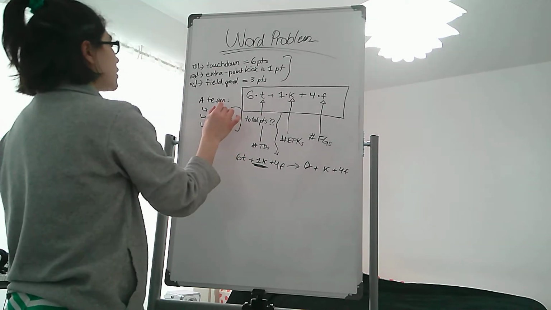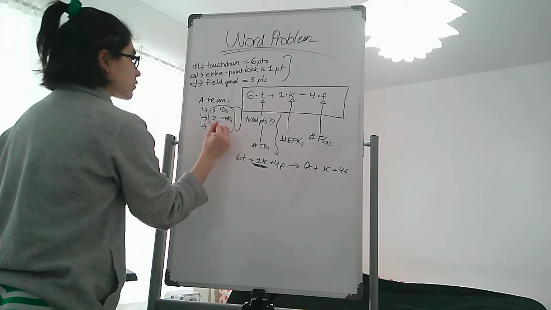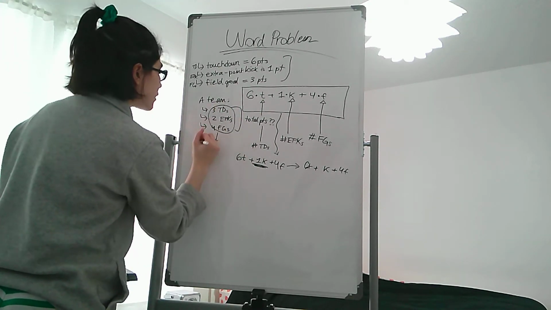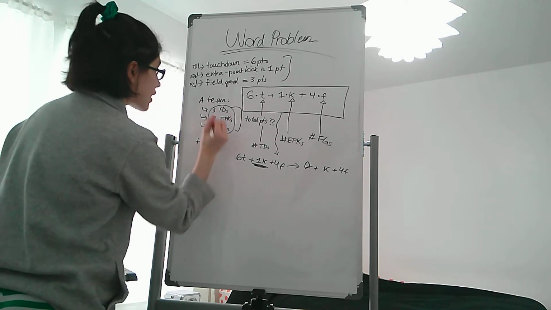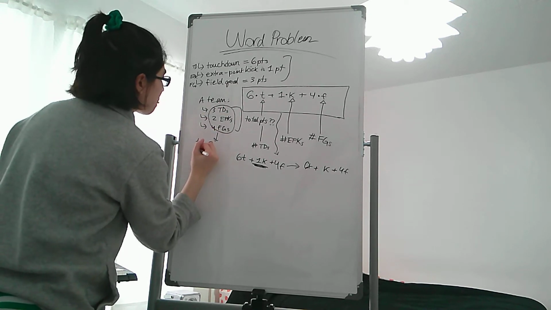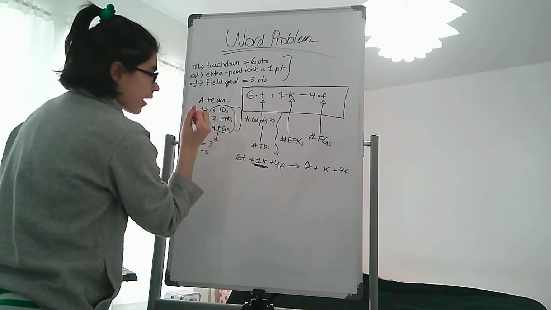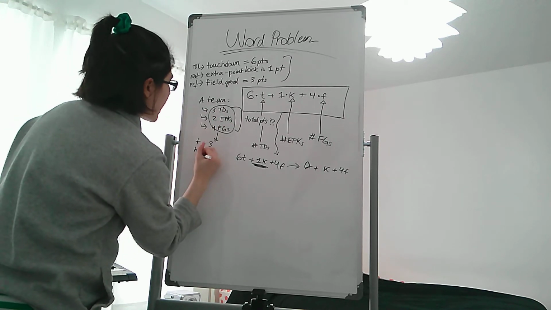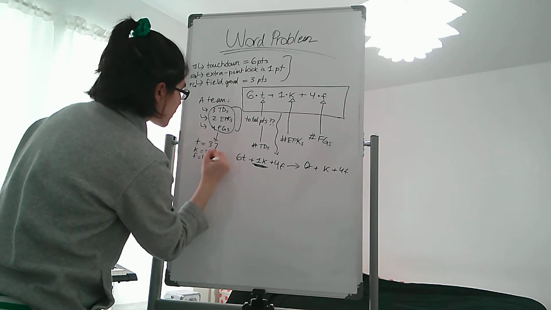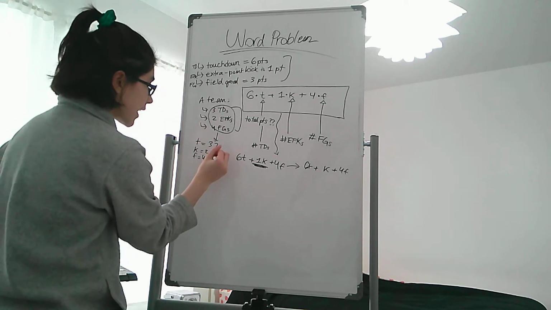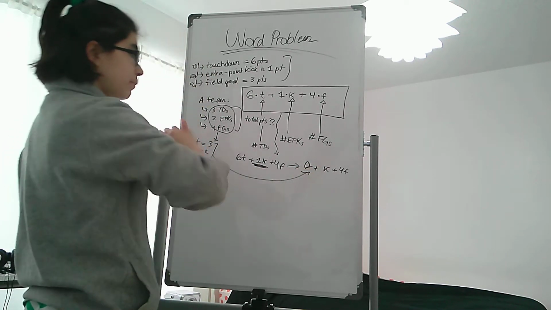Okay, so we know how much the team scored, so that means 3 touchdowns, t equals 3, 2 extra point kicks, k equals 2, 4 field goals, so f equals 4. So we just plug these 3 values into that expression, and boom, we'll get it.